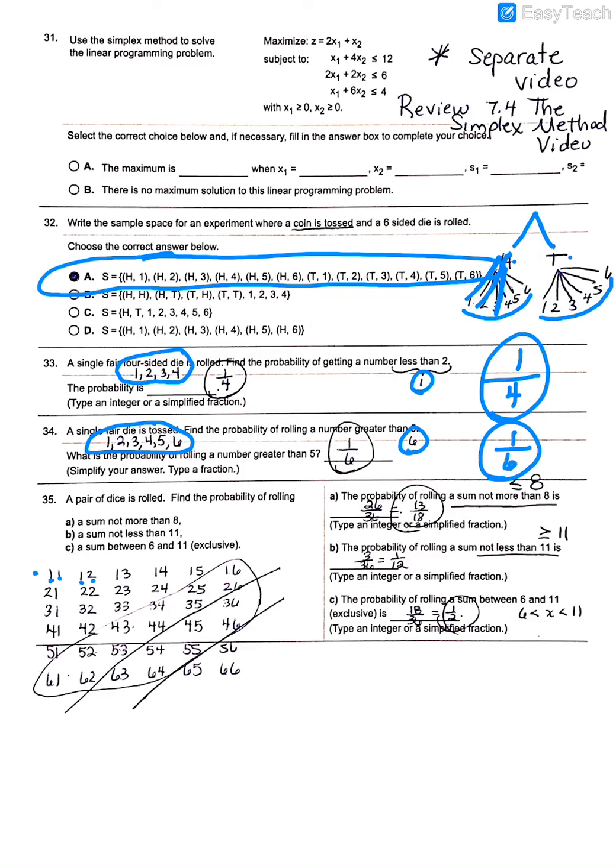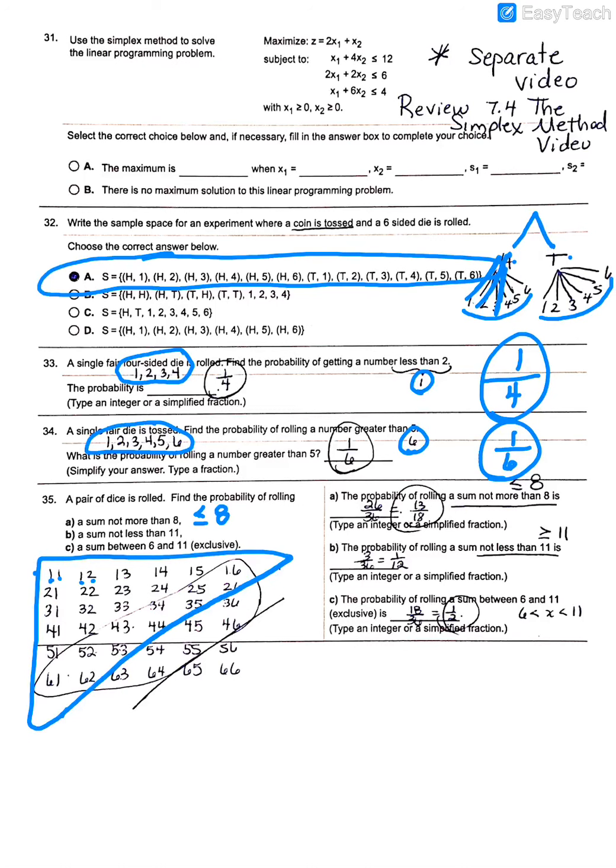The first question asked you for a sum that is not more than 8. So not more than 8 means we're saying less than or equal to 8. And the nice thing about the table is that all of your sums are diagonal. So if I draw that line right there, I'm showing you everything over here is less than or equal to 8.